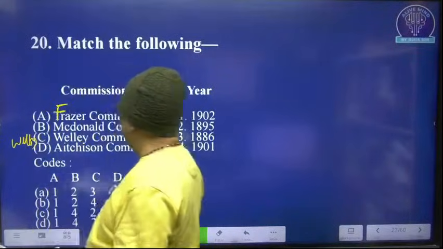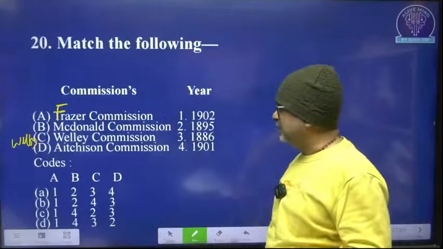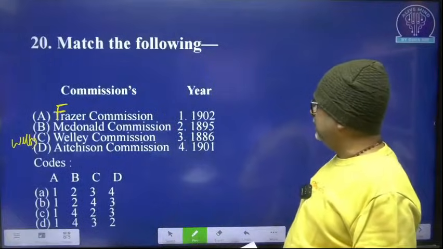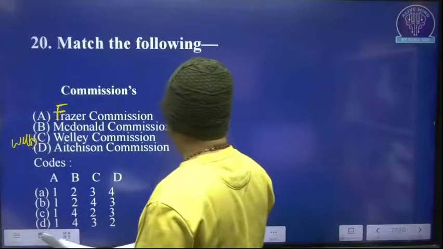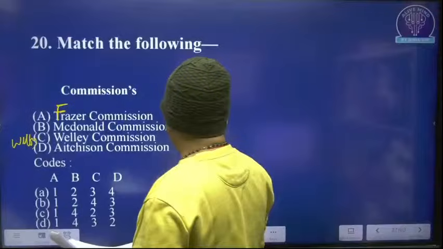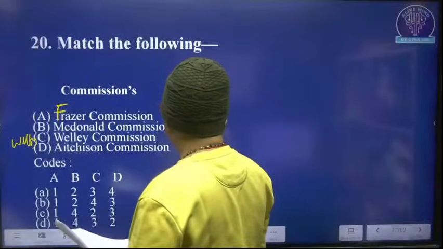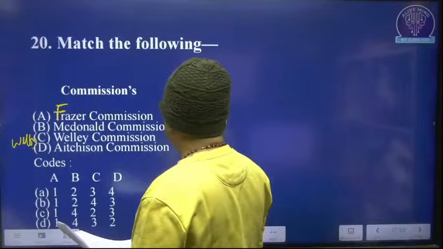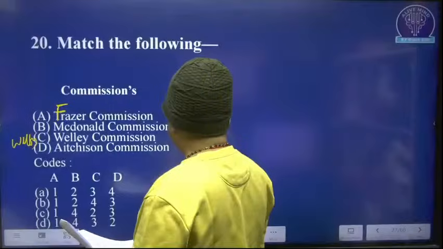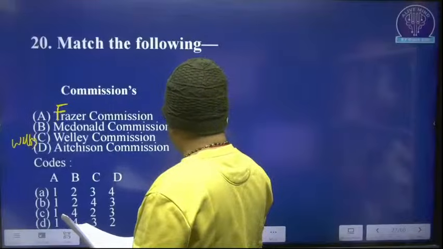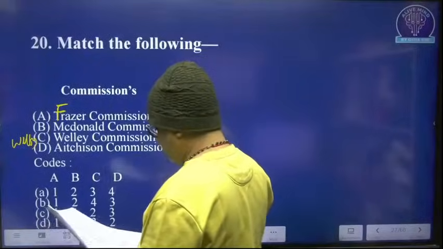Please do the corrections. Hutchison Commission. So, Fraser Commission related to police.